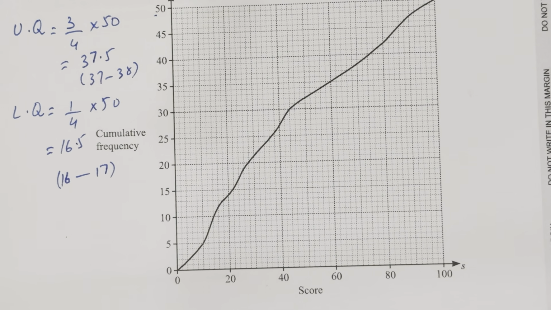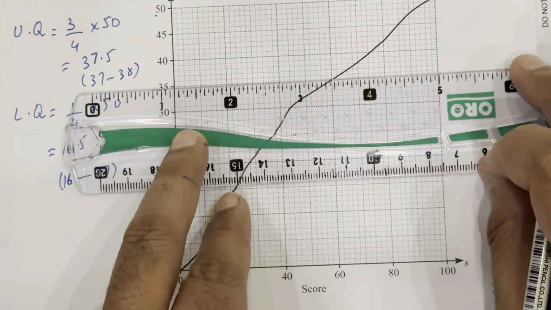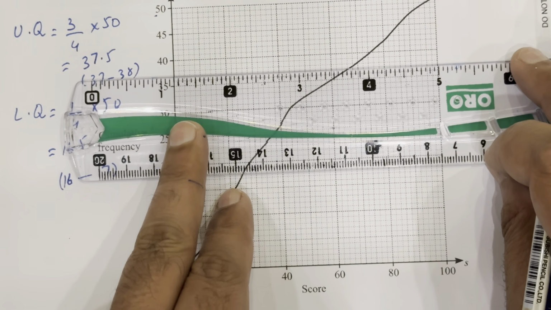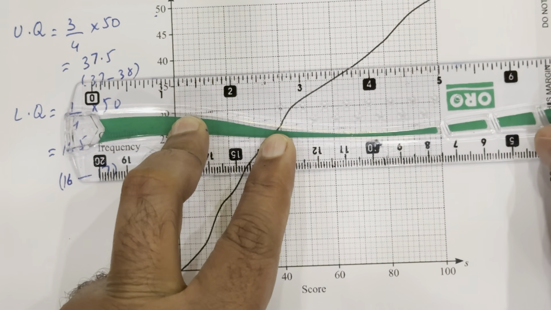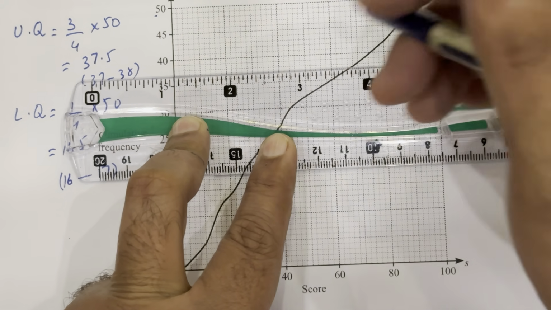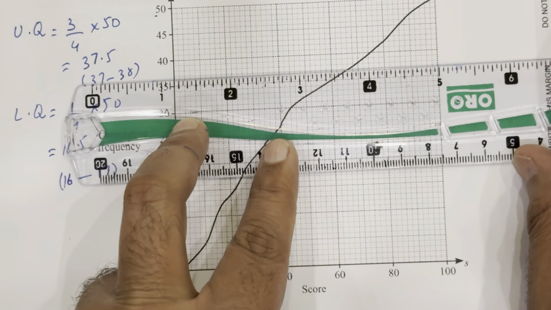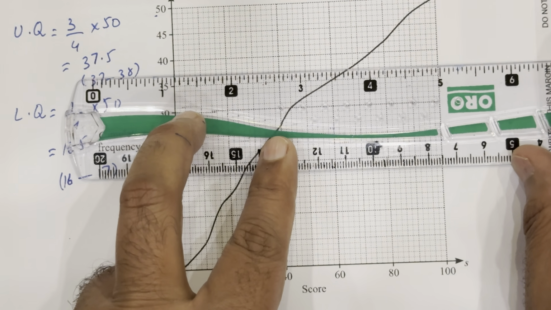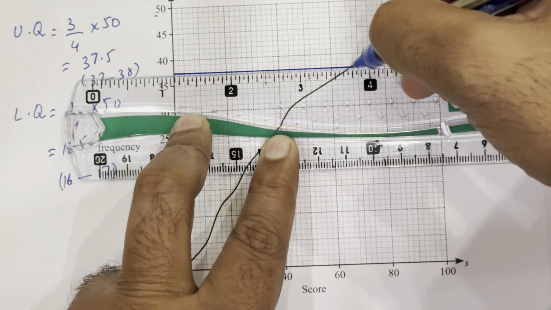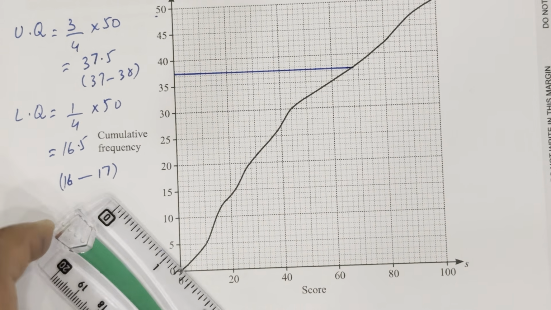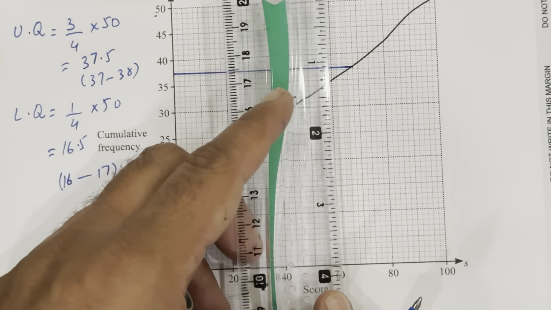First you need to plot these points. 37.5 would be between 35 and 40.